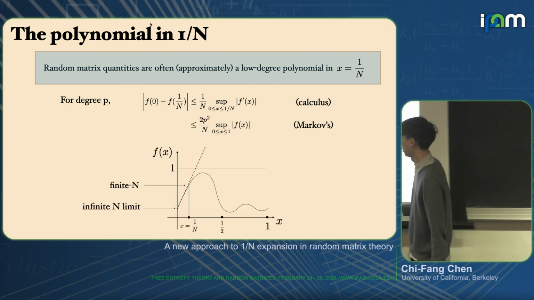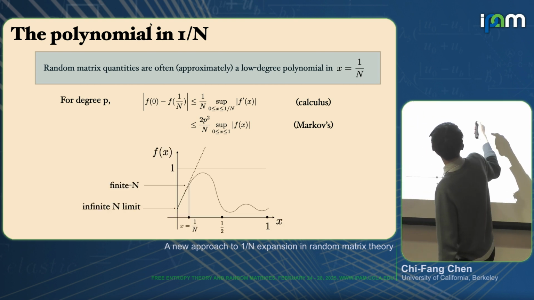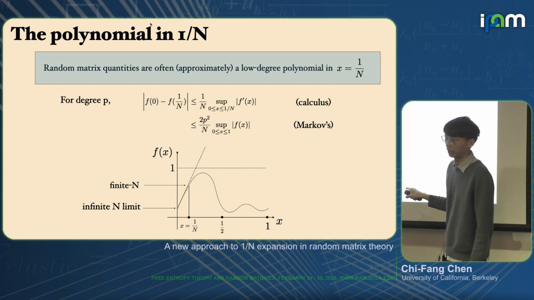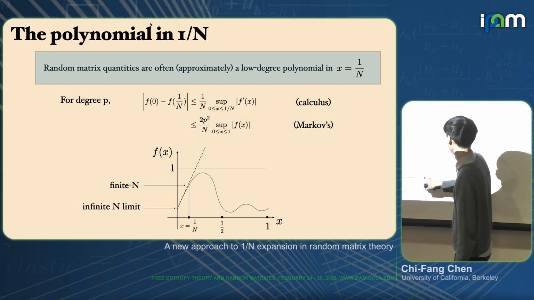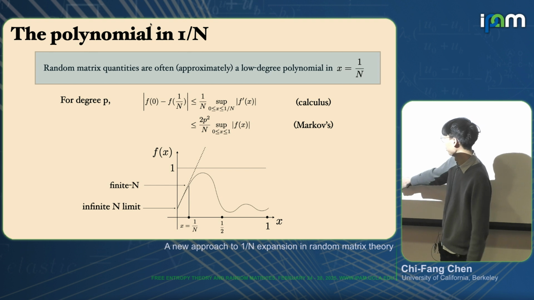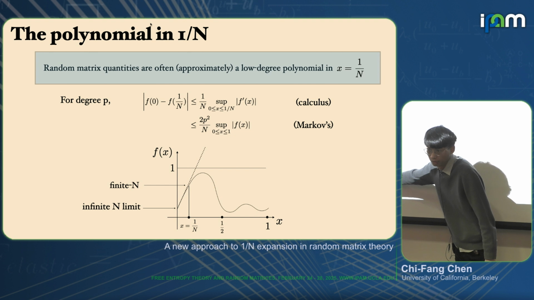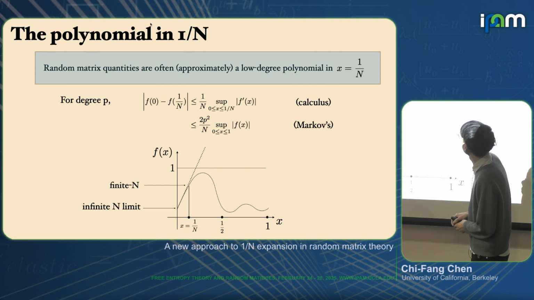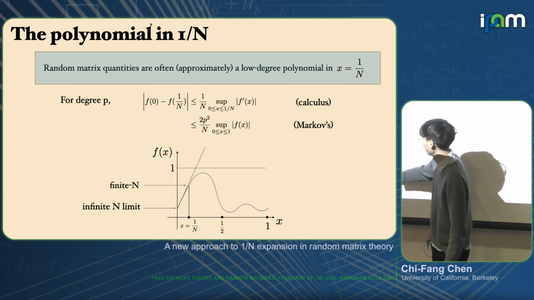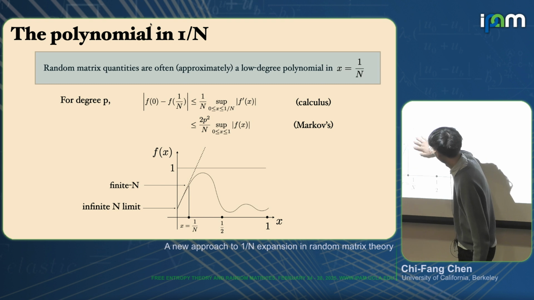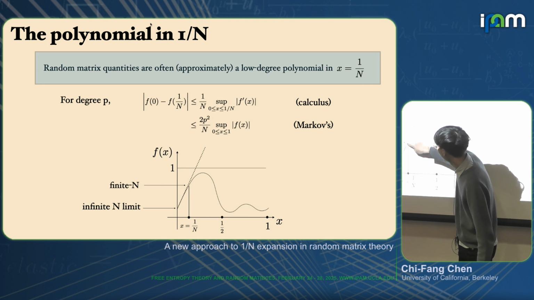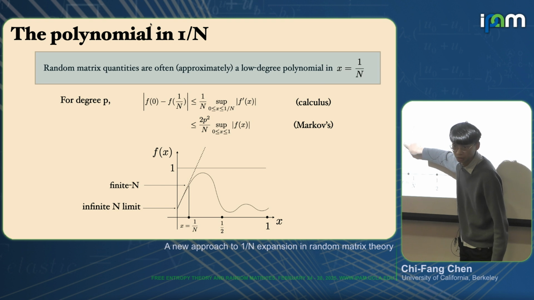But I would like to show this figure, because this 1 over n fits very nicely in this box. This is 1 over 1, 1 over 2, and then 1 over n, you get closer and closer to the origin. On this plot, what you want is the value at finite n, which is somewhere very close to the origin.